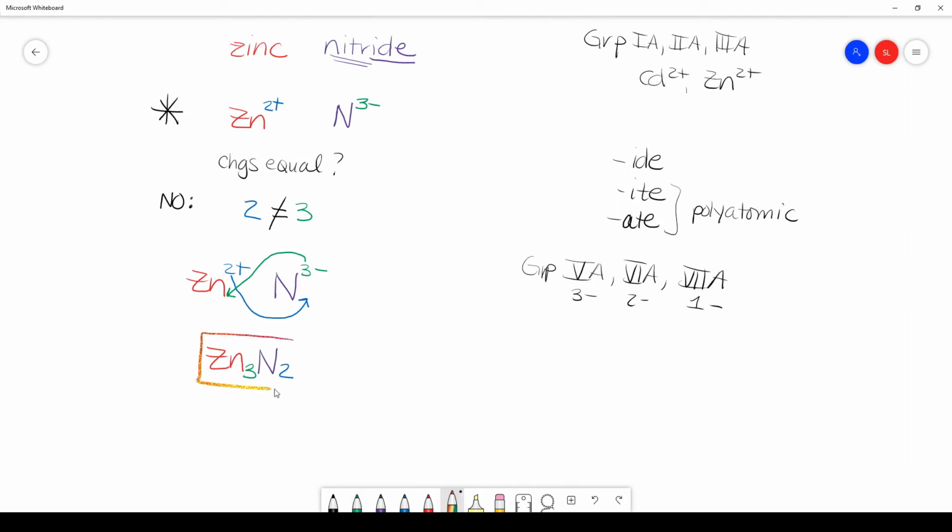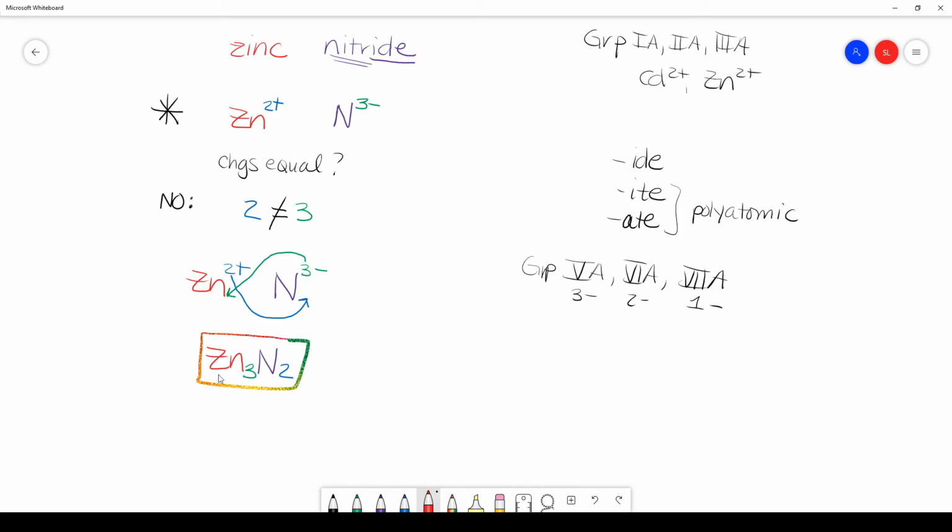The reason this works by swapping the values and making them the opposite subscripts is because the sum of the charges has to equal 0. We've learned this previously, but it's the same principle. So if I show you how this math works out, you don't have to check it every time.